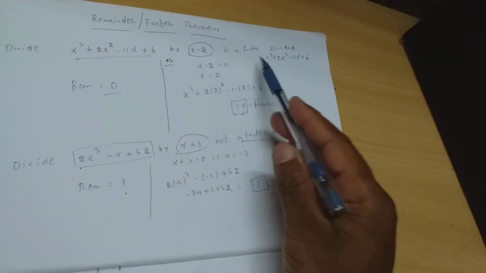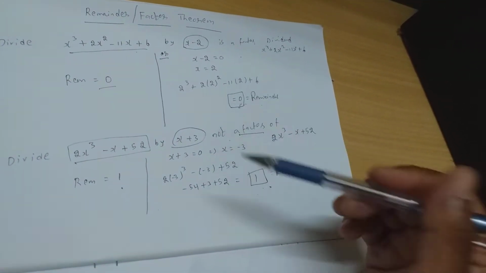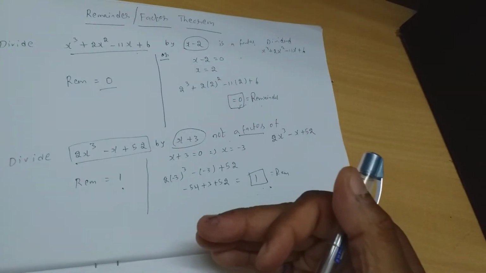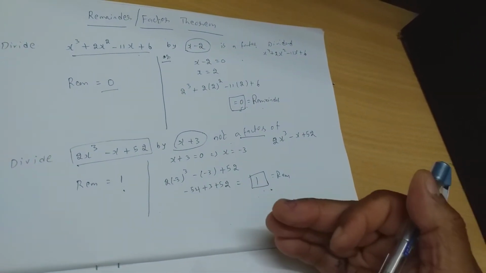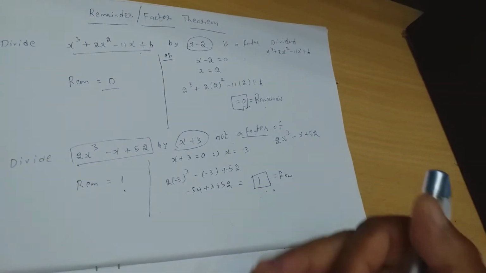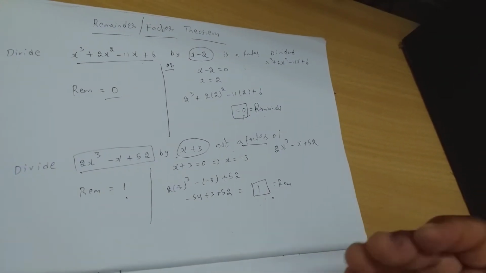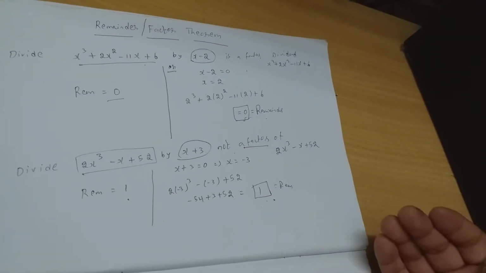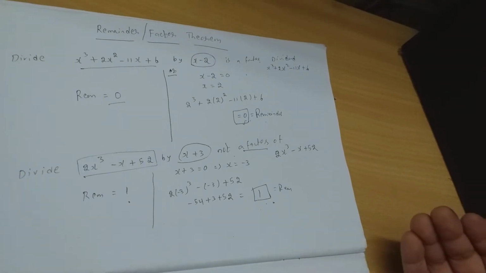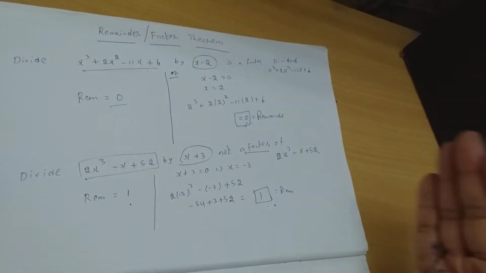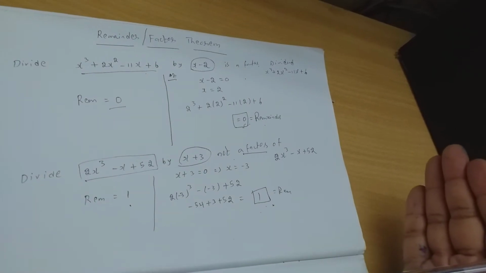If it is 0, I call it a factor. Are we clear that the remainder theorem is only to get the remainder? Based on the theorem, the conclusion is given by the factor theorem. If the remainder is 0, I call it a factor. If the remainder is not 0, I don't call it a factor. Are we clear with the definitions of these two theorems?